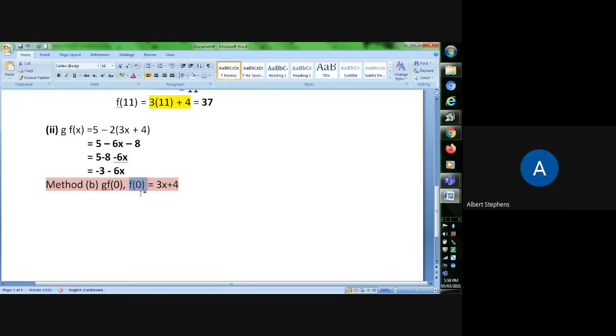So F0 is 3x plus 4. Where x is, replace x with what? With 0. And you know that 3 times 0 is what? 0. And 0 plus 4 is just what? 4.